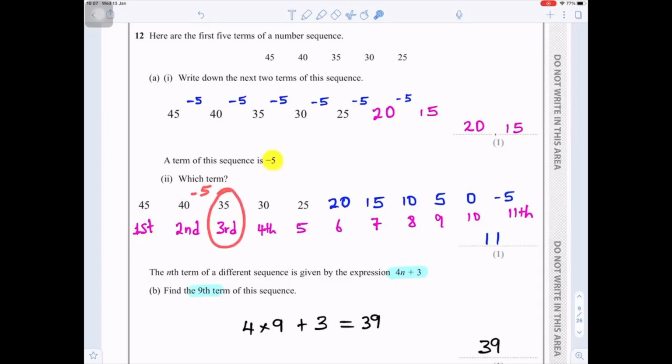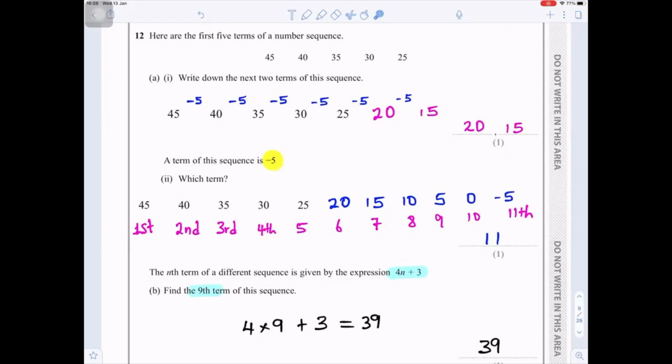It gives us the third term. 35 minus 5 is 30. It gives us the fourth term. And we would carry on until we get to minus 5. And minus 5 will be the 11th term. And that will be your answer, the 11th term.